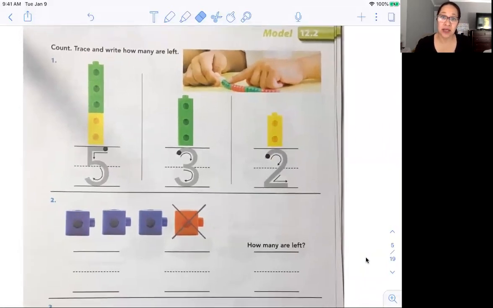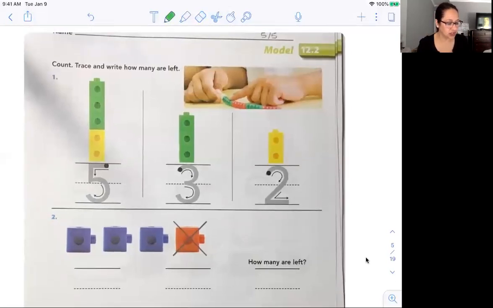Now, some of you, like I said, you do not have connecting cubes or Legos. That's okay, because we can use other kinds of manipulatives. Like I've told you before, you can use little crackers, cereal, anything that will help you to count. And some of you are really good. You could just use your fingers if you'd like. It's okay.